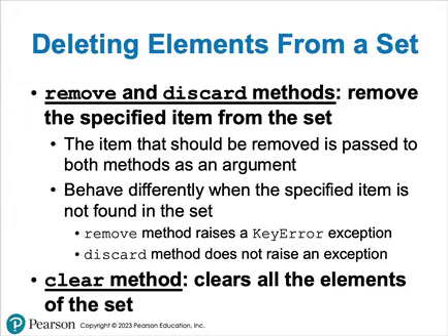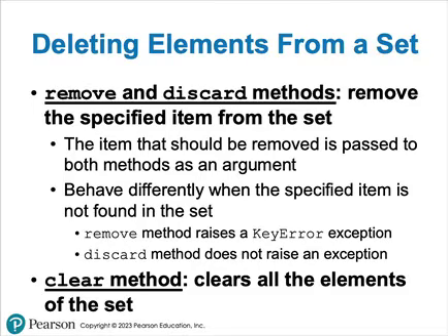However, if you call the remove method to try to remove something from the set and that element is not in the set, then you're going to get a key error. So, you might want to know if it doesn't exist and get the exception, but a lot of times you're just going to call the discard method and say, well, if it's there, get rid of it. If it's not there, no big deal. We wanted it to be gone anyway.